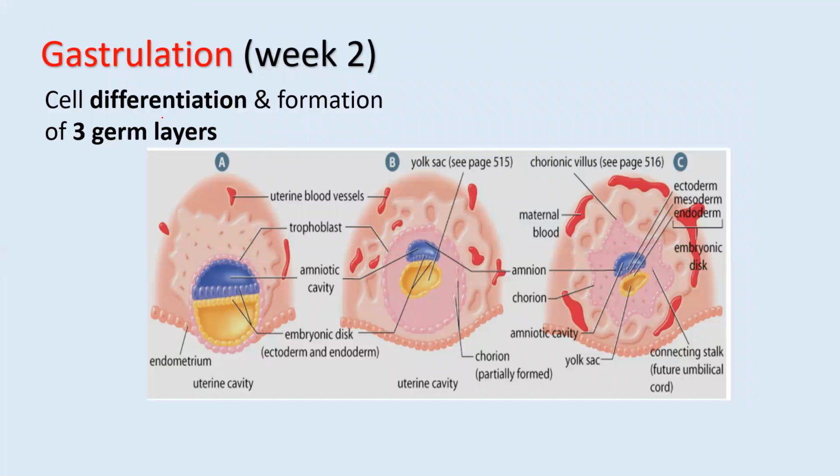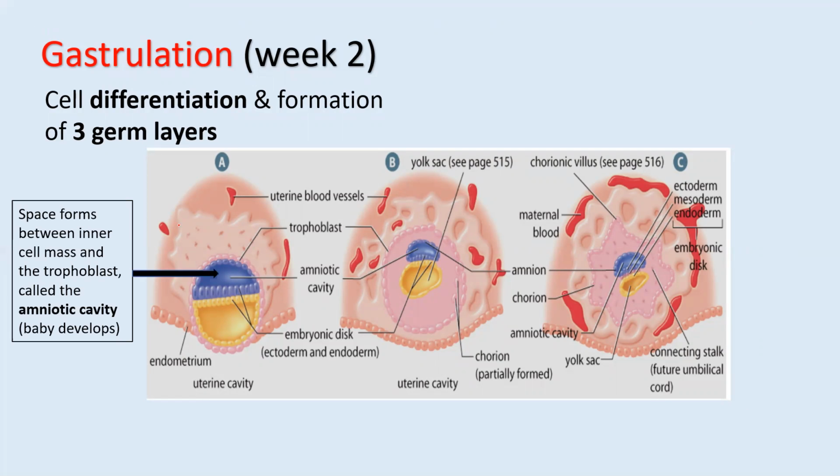Okay, gastrulation, cell differentiation and formation of 3 germ layers. Now, remember that there was this inner cell mass forming, and there was the trophoblast embedding. Well, part of the cavity forms the amniotic cavity, and that's what baby swims in.